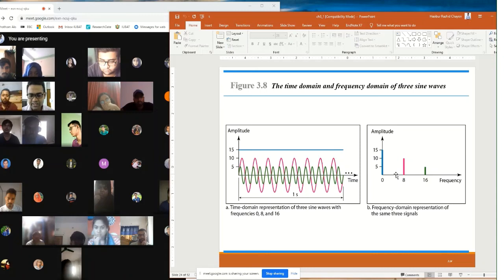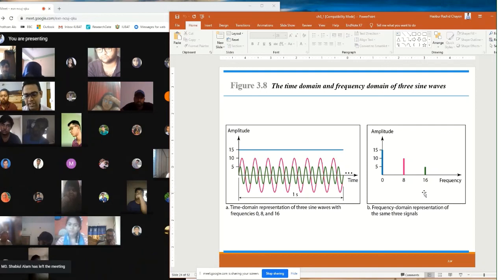So you might be thinking that the frequency domain is easier, so why do we need the time domain? The answer is that most of the time, by looking at the frequency domain, you cannot analyze the signal. To analyze the signal, most of the time we need the time domain. But generally, the frequency domain is much easier to understand and to calculate.